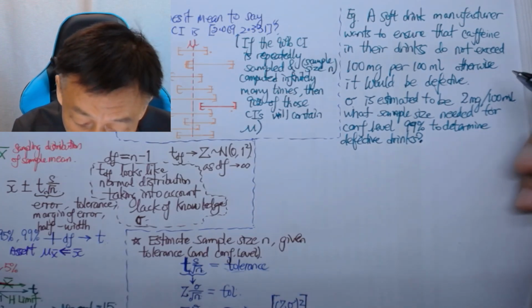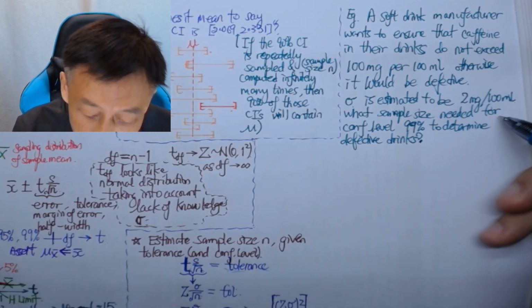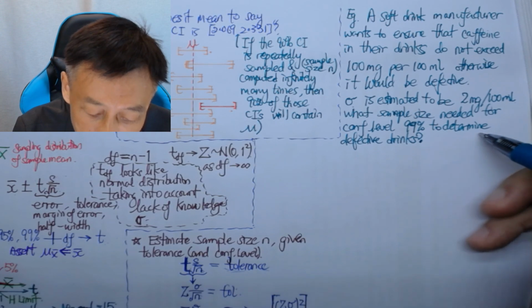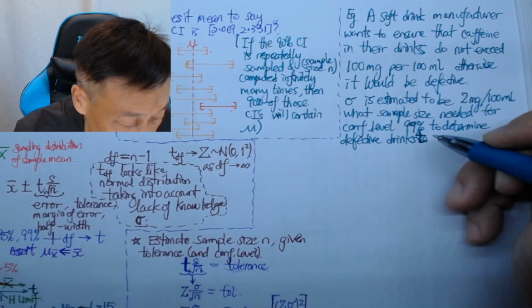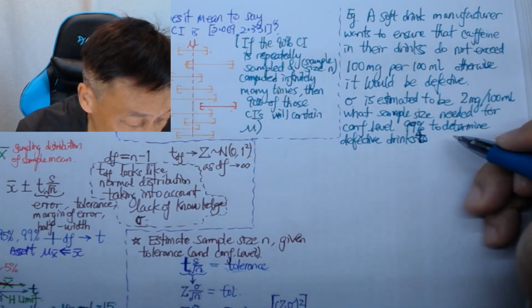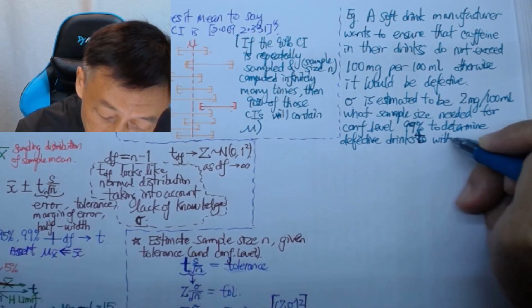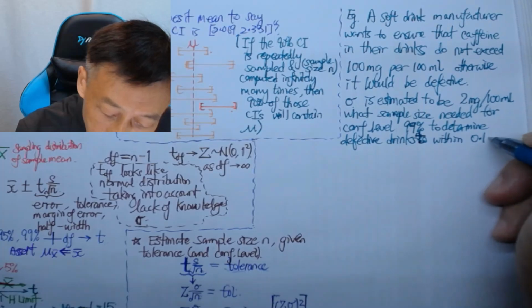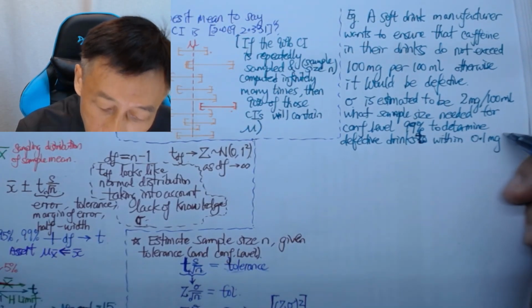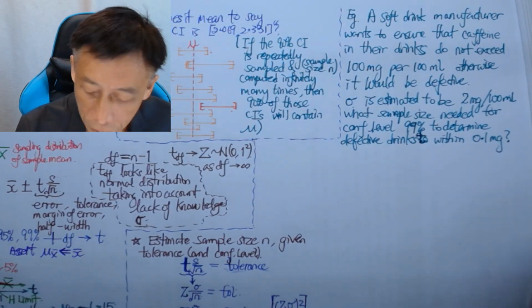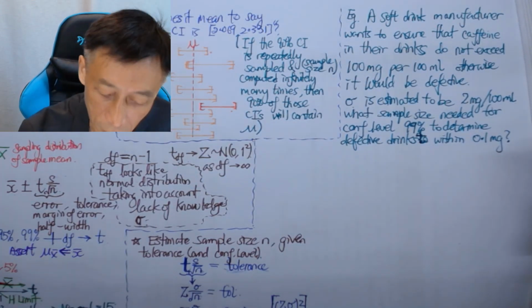Okay. What sample size is needed for a confidence level of 99% to determine defective drinks, to within 0.1 milligrams level? Yes. This is the tolerance. Everyone can see that.